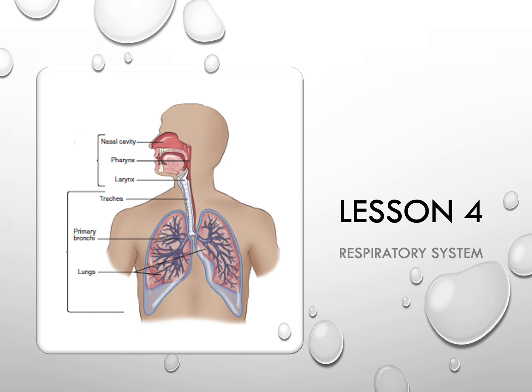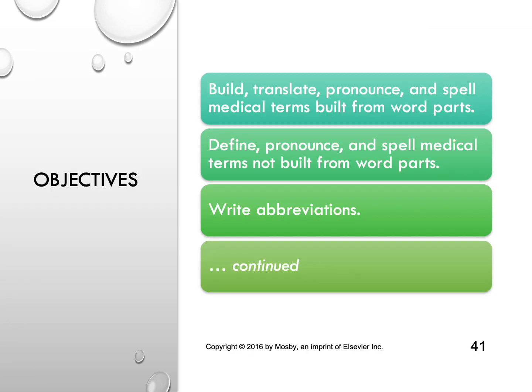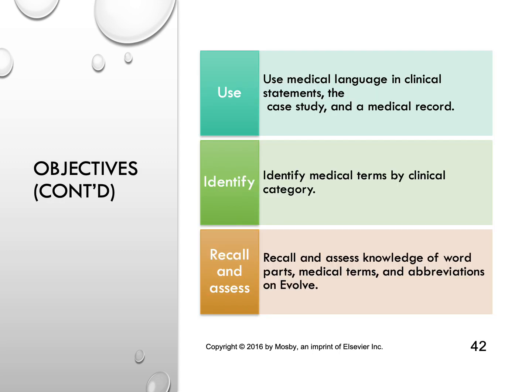And that is, we're going to build, translate, pronounce, and spell medical terms built from word parts, as well as those not built from word parts. And then we're going to also look at some abbreviations. Okay, like I said, here are the objectives. We're going to go ahead and skip past those.